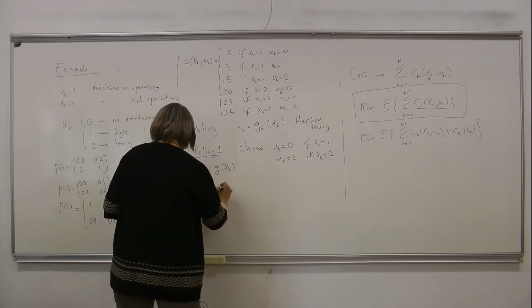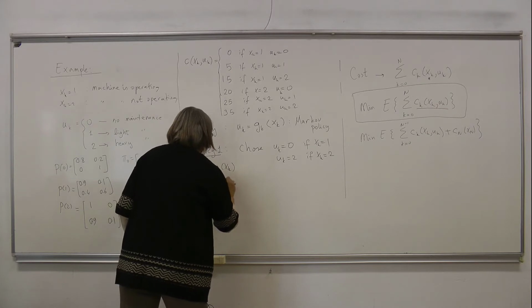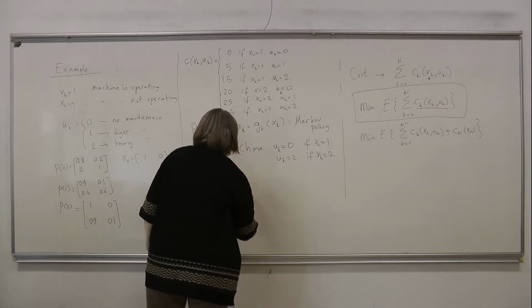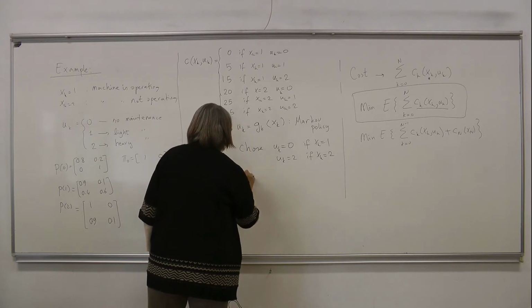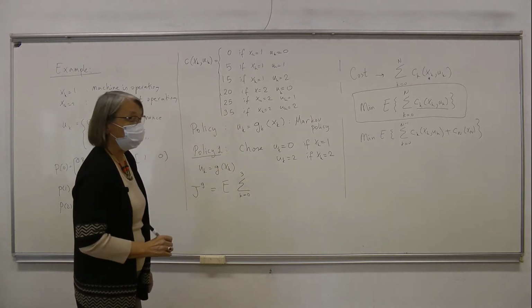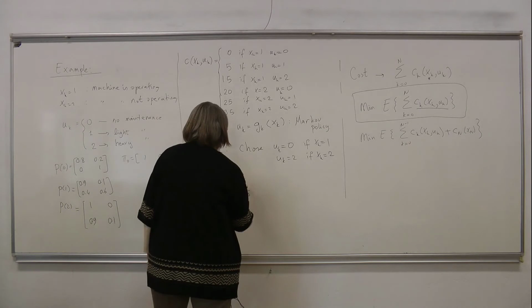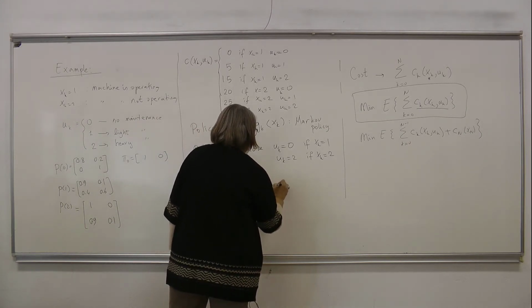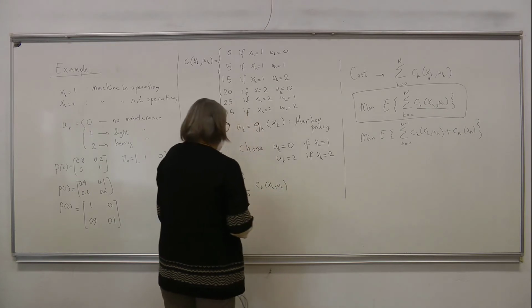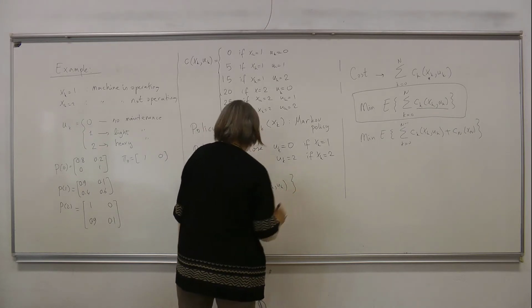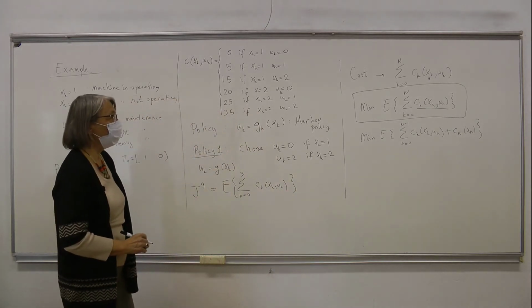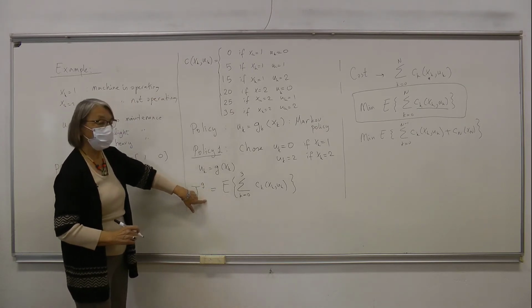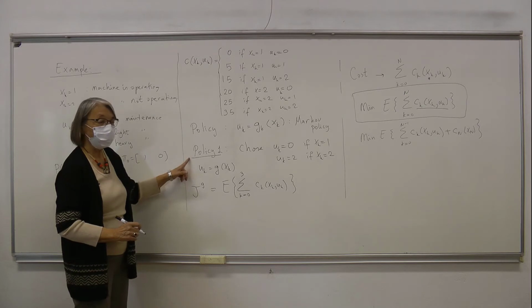It is the expected value of that summation k from 0 to 3. Let us say that the time horizon is equal to 3, of c sub k of xk uk.